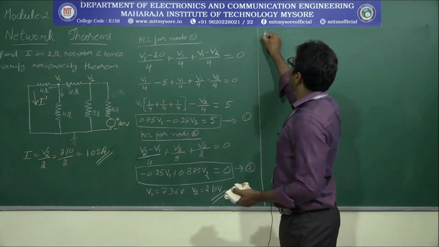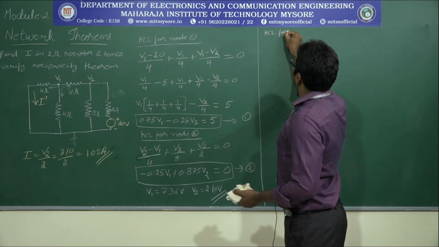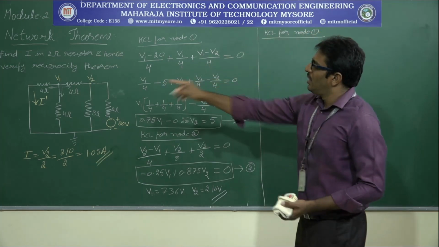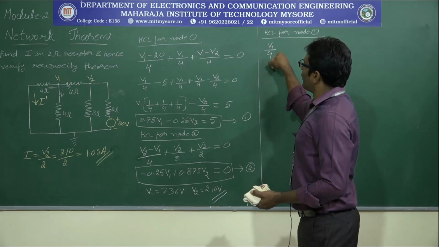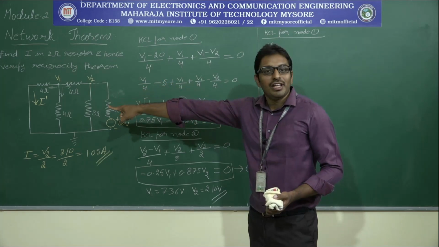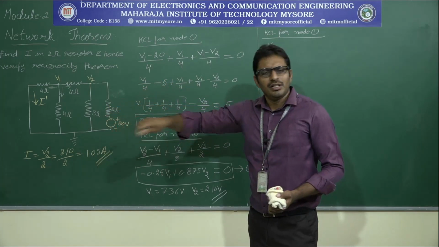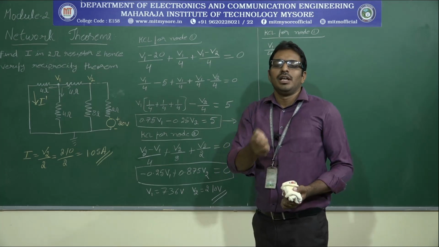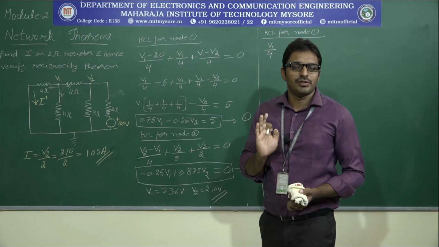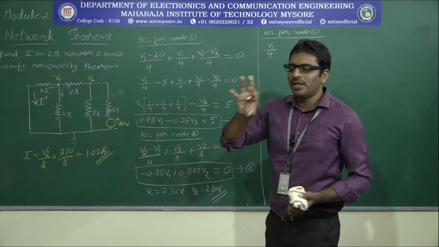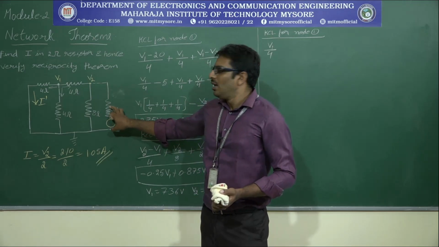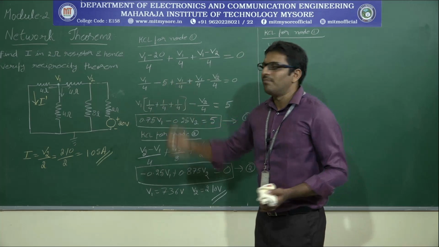Apply KCL for node 1. Yes, V1 by 4. In the earlier equation it was V1 minus 20 by 4, but now we removed that voltage source. Instead of saying removed, just replace the voltage source by a short circuit, and the same voltage source is placed in the next branch, where we calculated the current earlier.